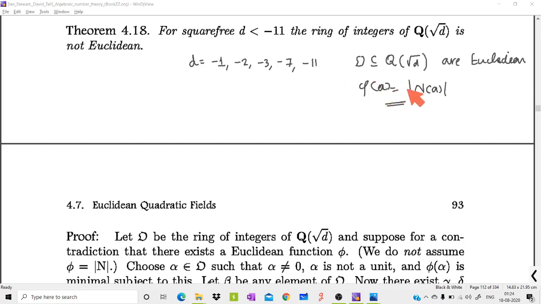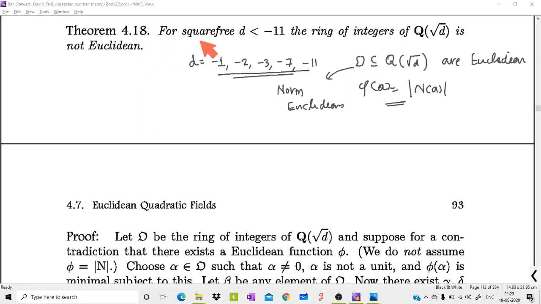In all cases, these are the Euclidean evaluation. So once this norm is a Euclidean evaluation on this O, we can say that O is norm Euclidean. So we have proved that for these values, these are Euclidean domains.